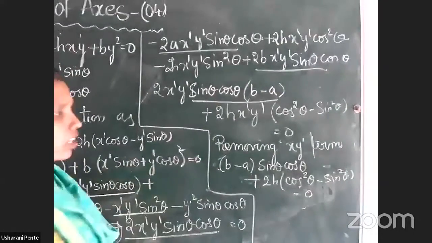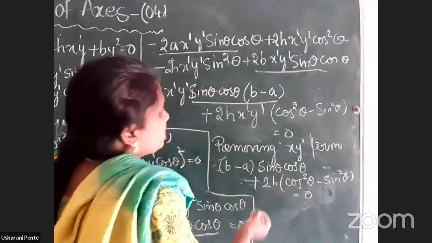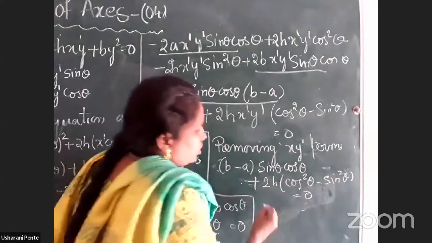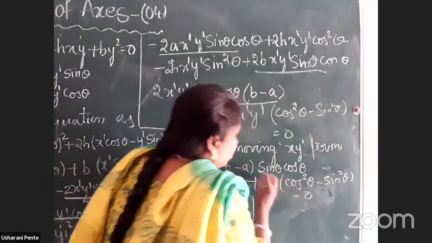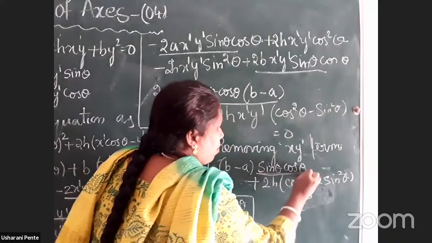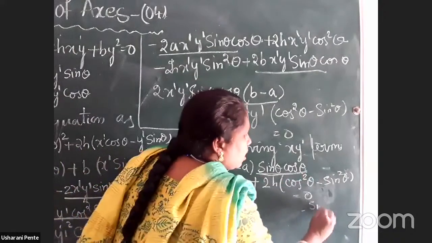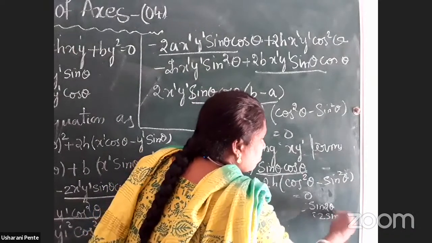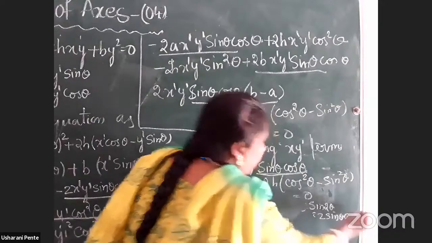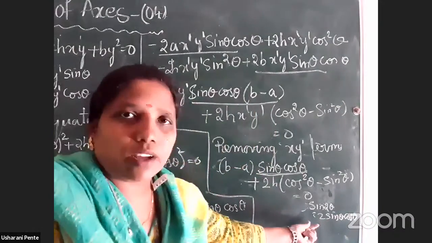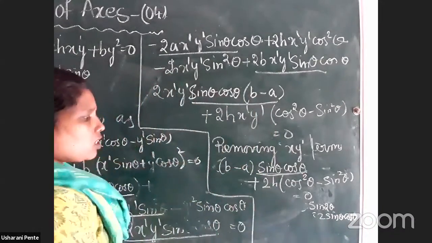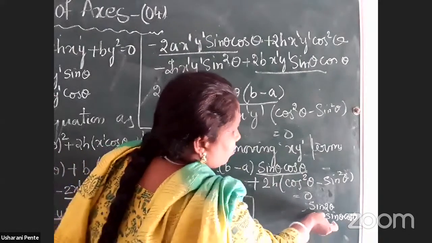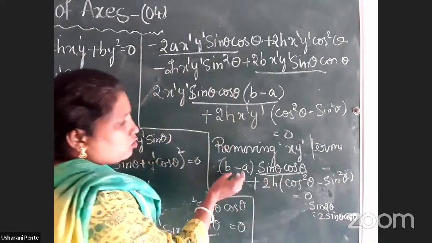So we have a formula for sin 2 theta. What is sin 2 theta? I am applying the formula, sin 2 theta can be written as 2 sin theta cos theta. As I have an extra 2 over here, I am sending that towards here.